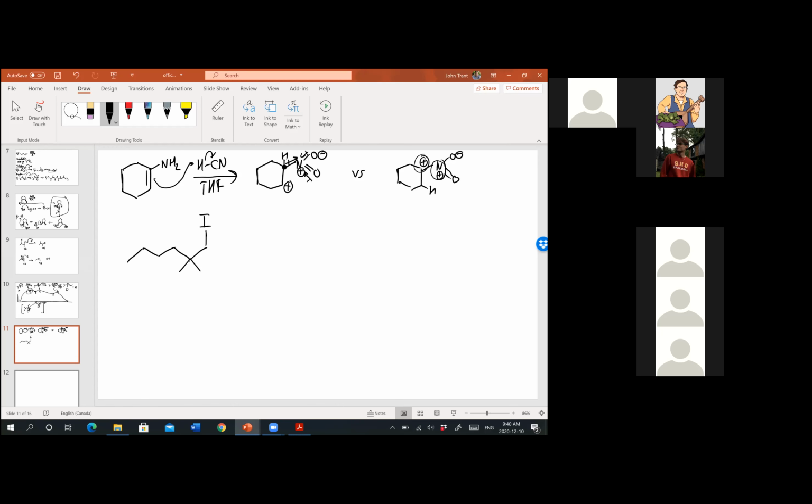this molecule, and I premix. So what we're going to do is LDA is a very, very, very strong base.